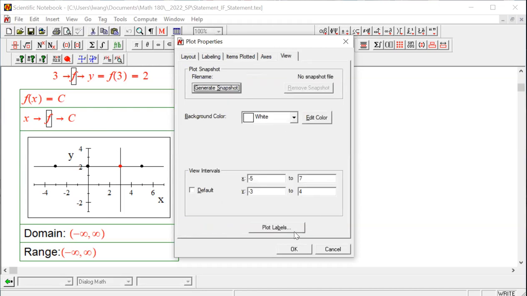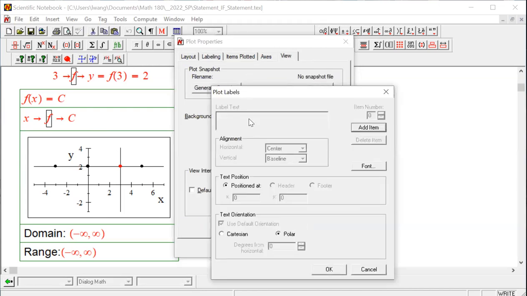Vertical line test, so what do we expect? We expect exactly one output, and that one output is 2.